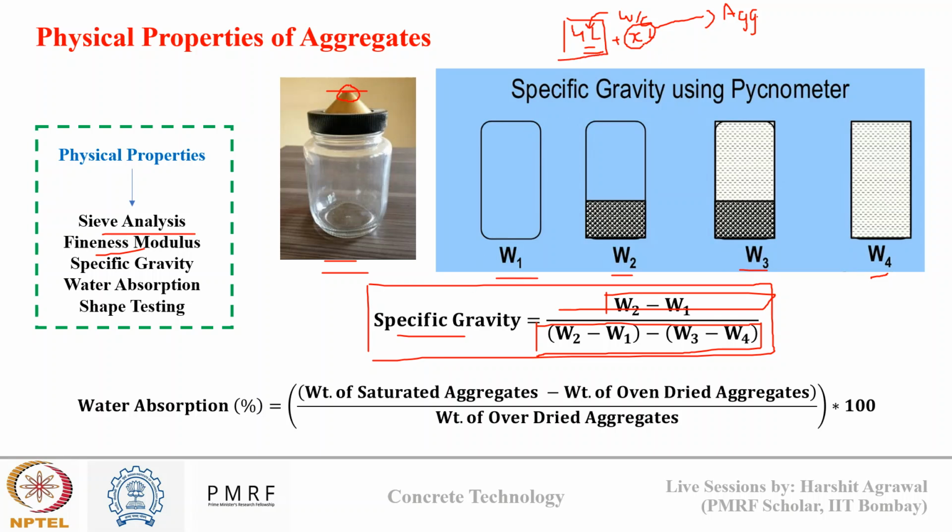That's why determination of x, that is water absorption of aggregate, is important. It is simply determined by recording the difference between the saturated aggregate weight and the oven dried aggregate weight. Saturated means my aggregates are completely absorbed in water, and oven dried means there is no water inside the aggregate. The difference of those gives me the water absorption of the aggregate.